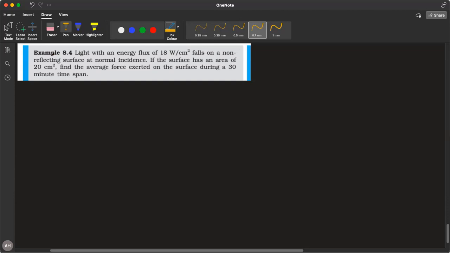Yes, this is from NCERT. Written? No, sir.